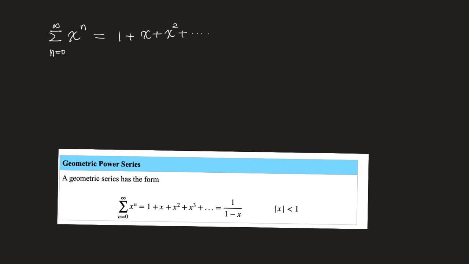In the previous session, we found the radius of convergence of this power series is 1, so the absolute value of x is less than 1. We also found the interval of convergence is between -1 and 1.